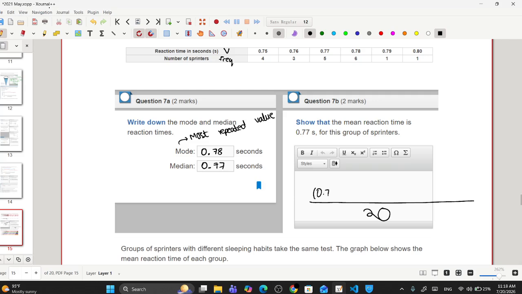So 0.75 is multiplied by 4, 0.76 is multiplied by 3, 0.77 is multiplied by 5, 0.78 is multiplied by 6, and the good part about statistics is that each and every question is solved in the same way.